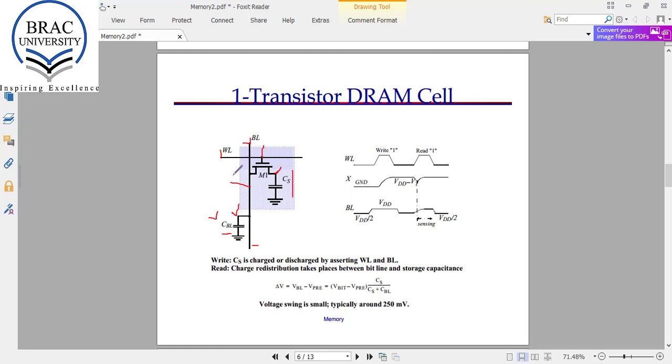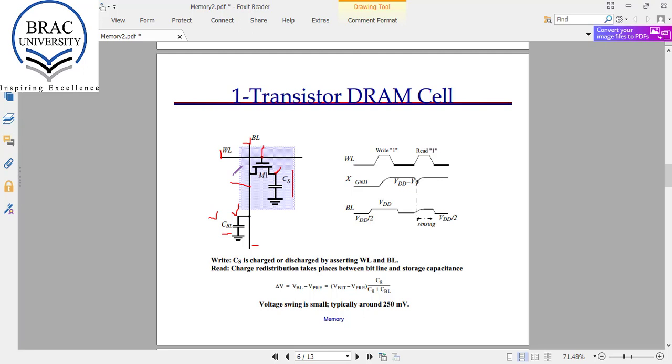From this change in the voltage of the bit line, the sense amplifier will determine whether the stored value is 1 or 0. In this way, we can read the value from this cell.